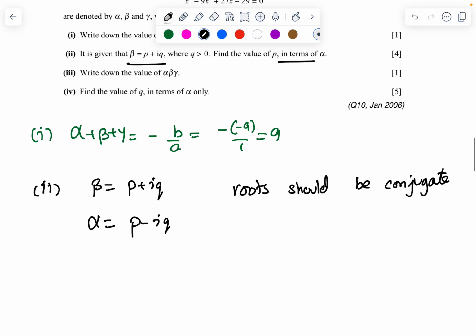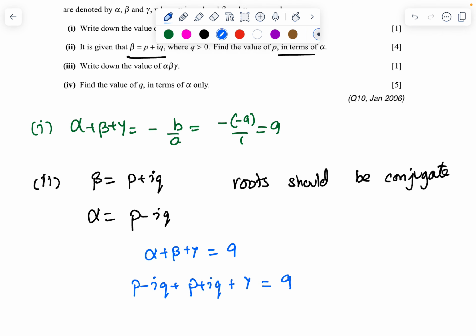So we know that just now we calculated that alpha plus beta plus gamma equals 9. So alpha is p minus iq and beta is p plus iq, plus gamma equals nothing but what?